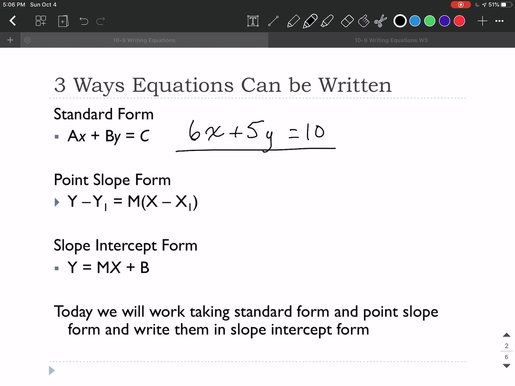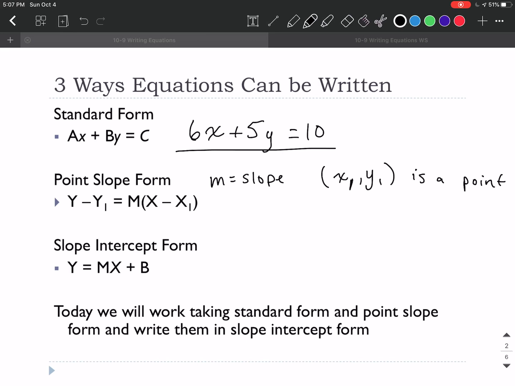Another form we have is point-slope form, which is y minus y1 equals m of x minus x1. m is just our slope, so m equals slope, and (x1, y1) is a point.